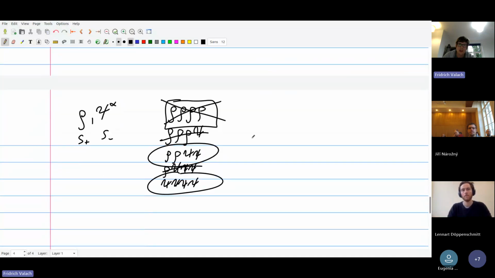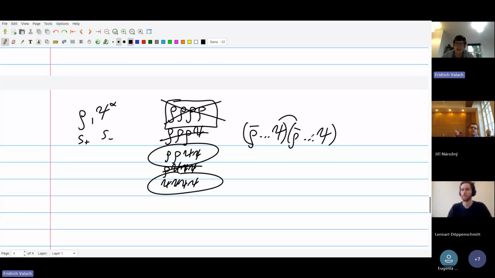Now you can imagine that you have terms like rho, some number of gamma matrices, psi, rho, some number of gamma matrices, psi. So the ordering matters, but fortunately you can use Fierz identities to exchange these two things.